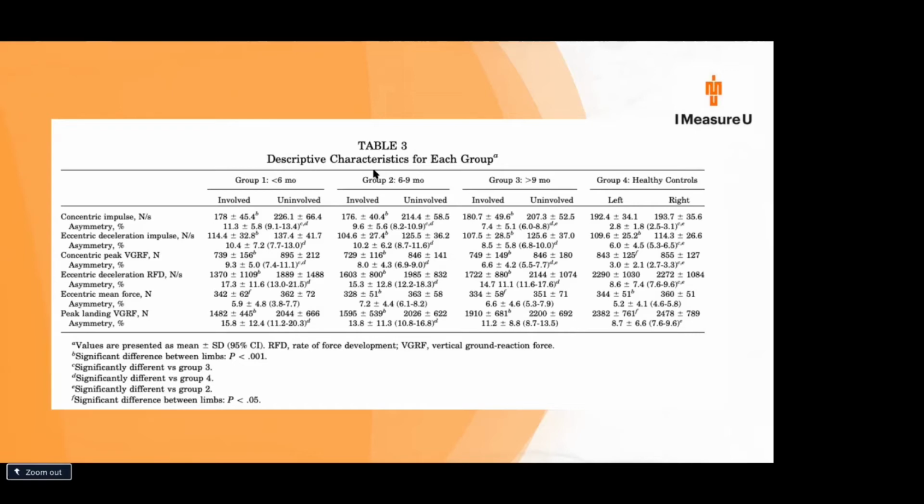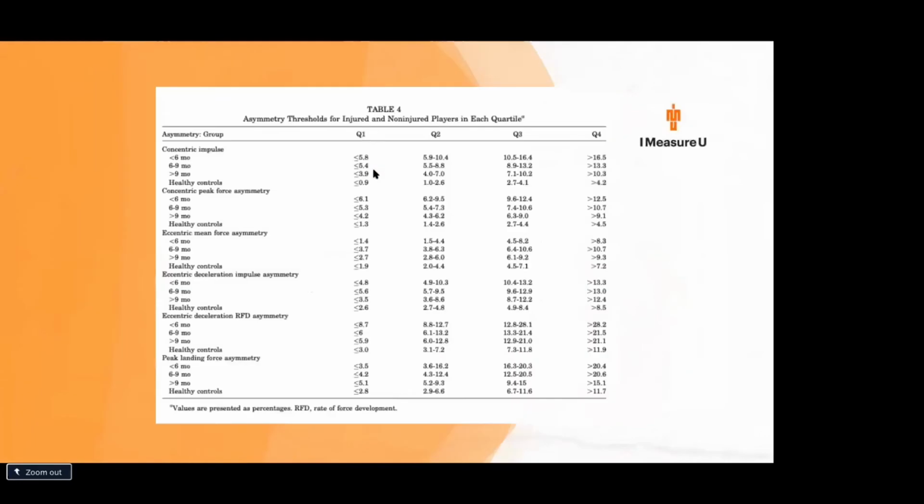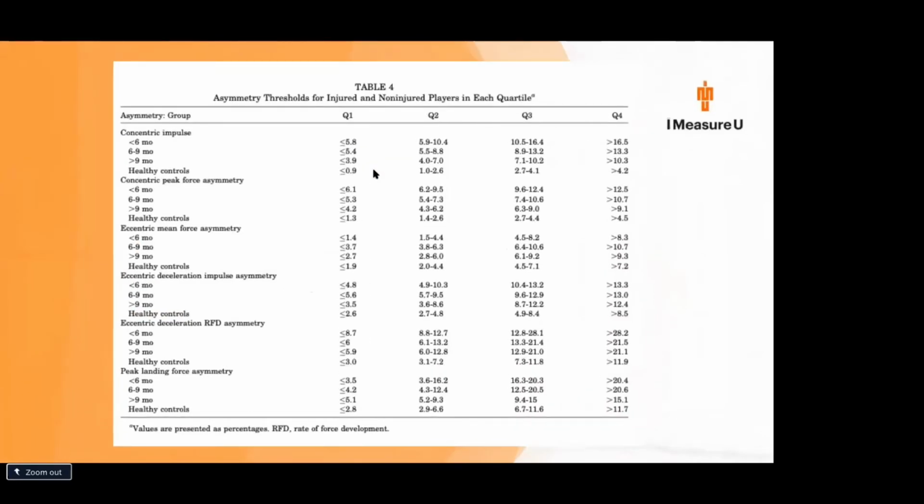Now, if I just move on to the next table, this was one of the outcomes from this paper, where the group identified that there were no real normative values for these metrics in particular. I mean, the 10% rule is often touted in asymmetry when you're looking at between-limb differences.